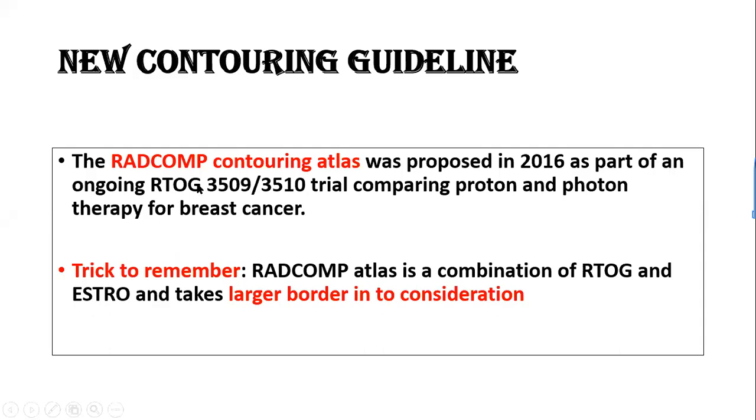We need not remember the boundaries of the RADCOM atlas again. There is a simple trick to remember it. It is basically a combination of RTOG and ESTRO, but whichever takes the bigger volume, the RADCOM atlas extends its boundary towards it. I will deal with this in later slides.